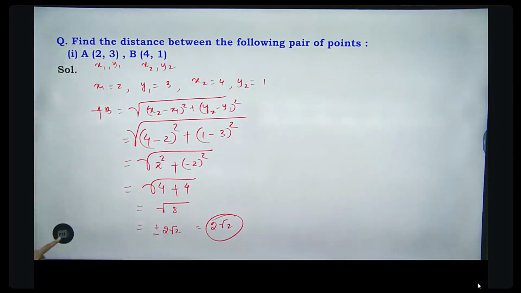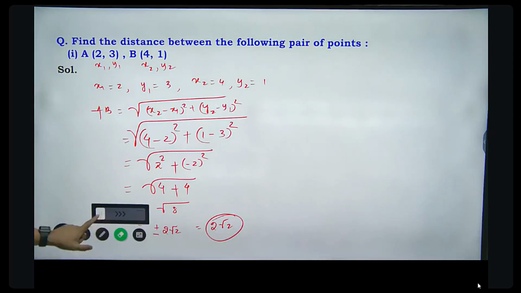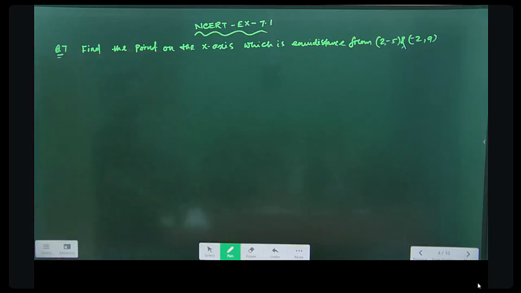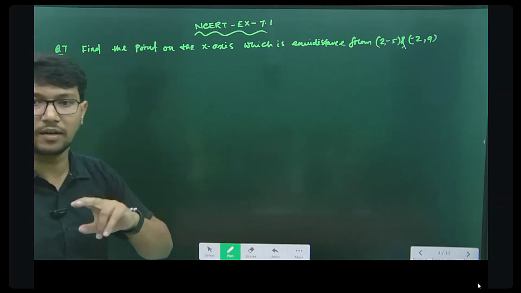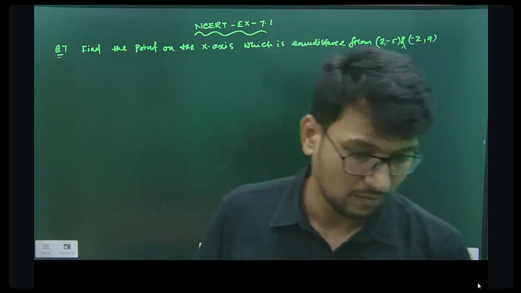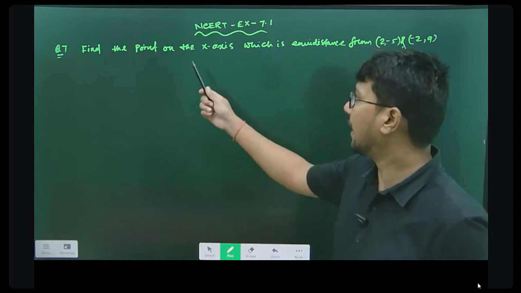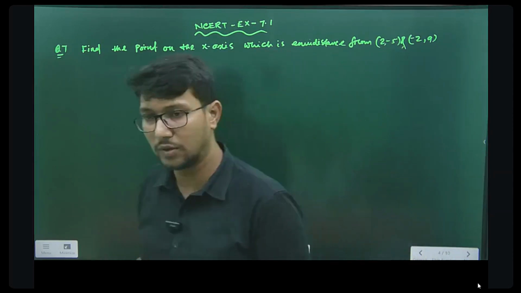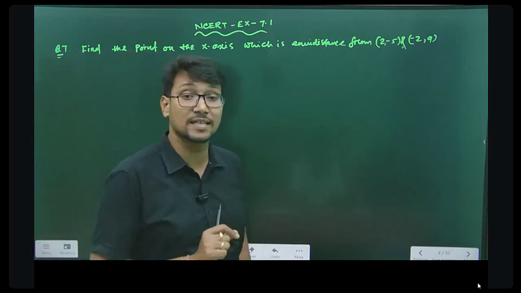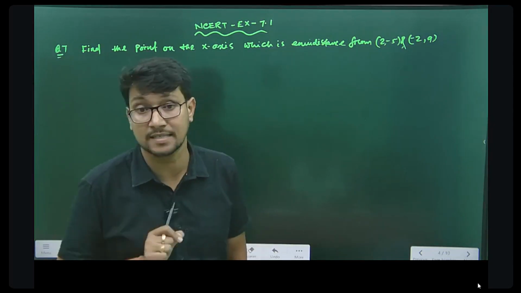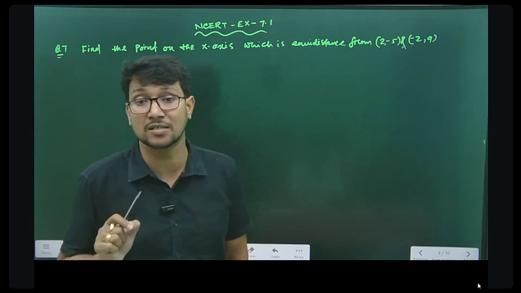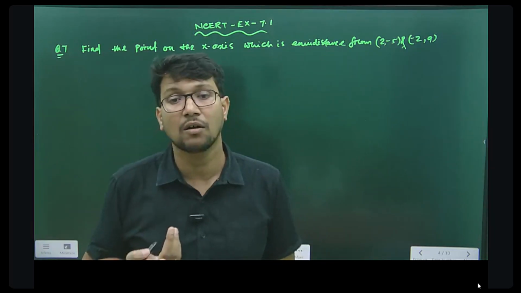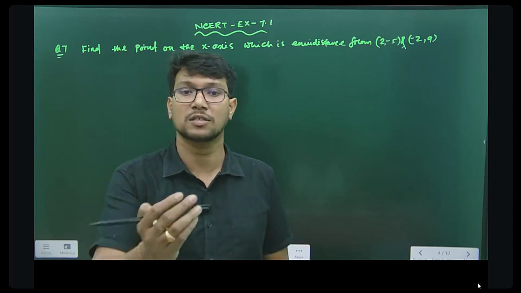Done. Let us move to the next question. See the question, everyone. Look at here, everyone. Find the point on x-axis. While teaching today, while starting the class, I said to you, if a point is on x-axis, y is 0, then what is the x value? The x value, something is there.